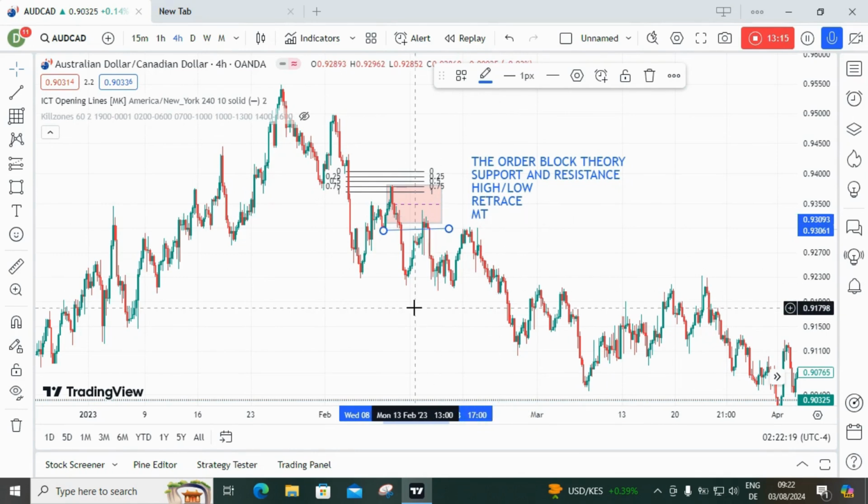So when price came back into this order block, it had to respect the 50% of the order block for it to go lower. I repeat, it had to respect the 50%, the mean threshold of the order block for it to go lower. Perfect. It did it and it went lower.